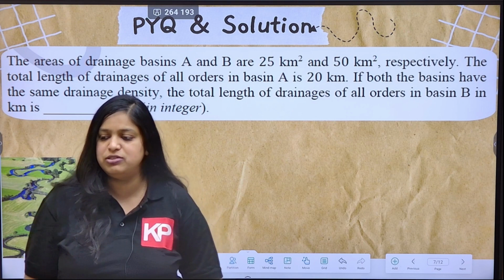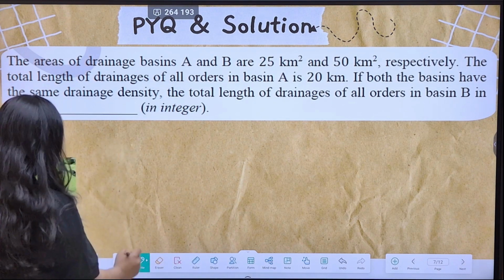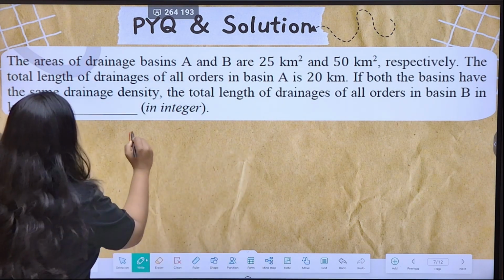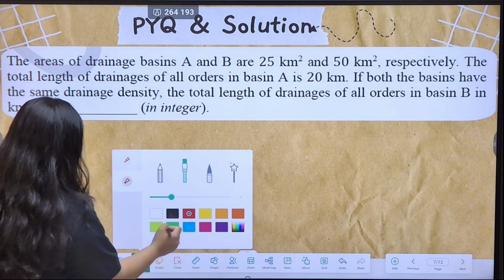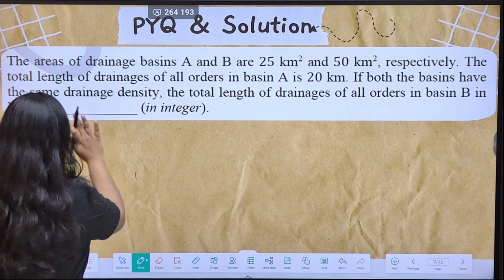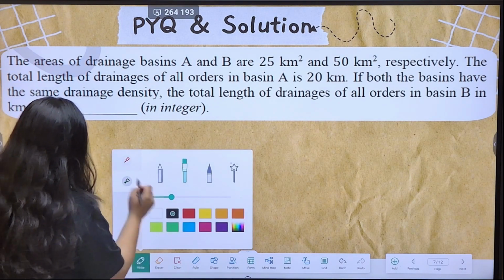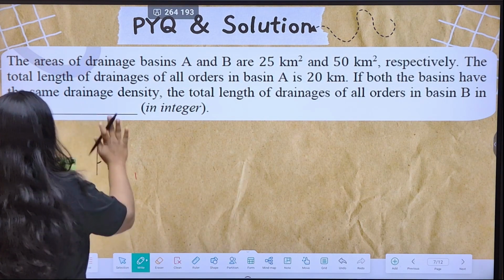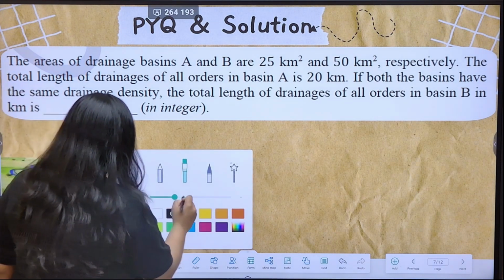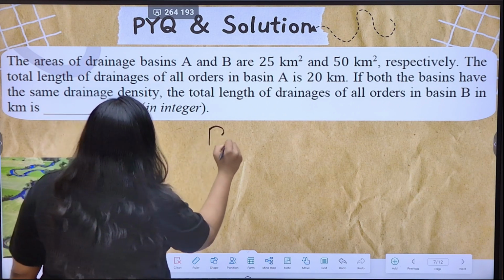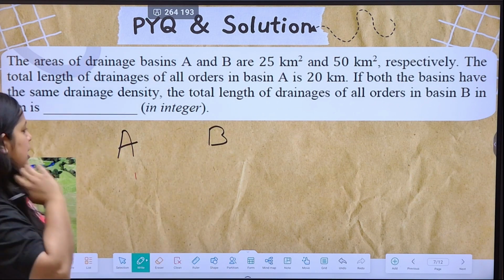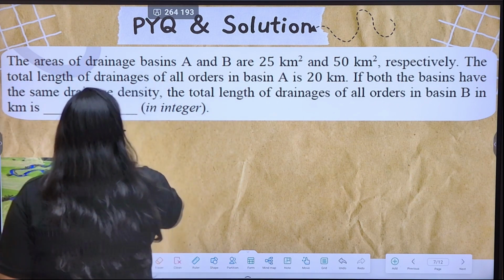It's a very easy question. Two different drainage basins are provided, drainage basin A and drainage basin B.